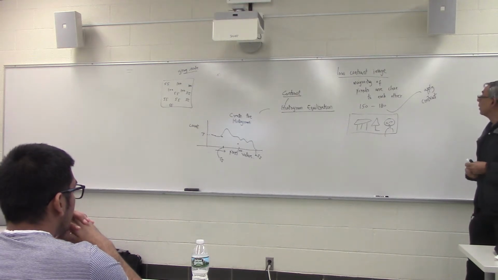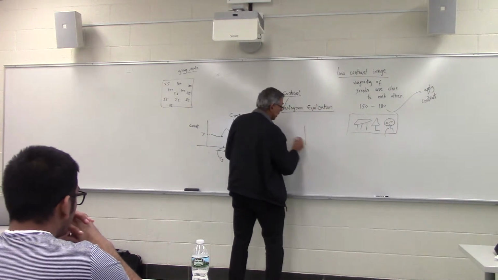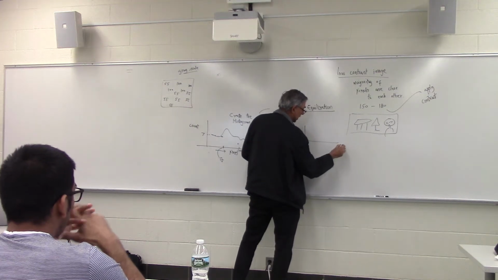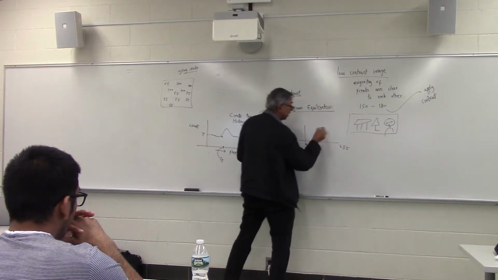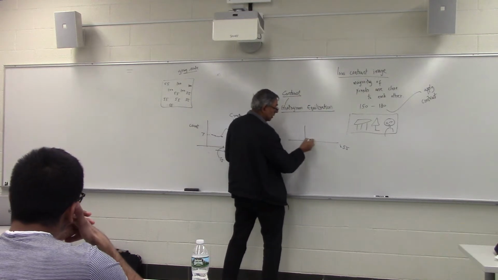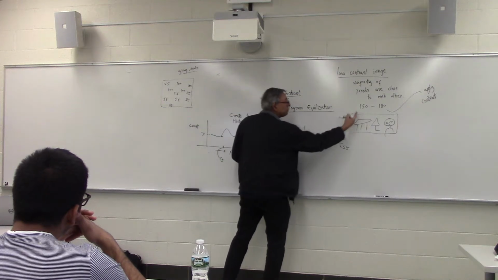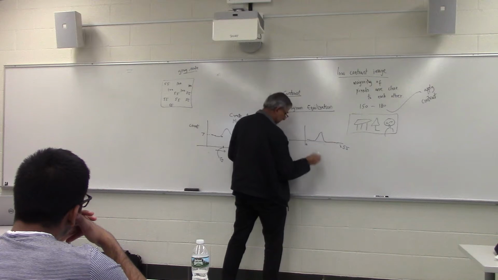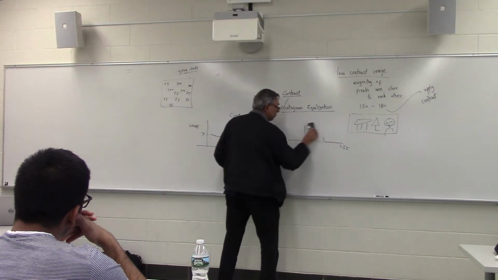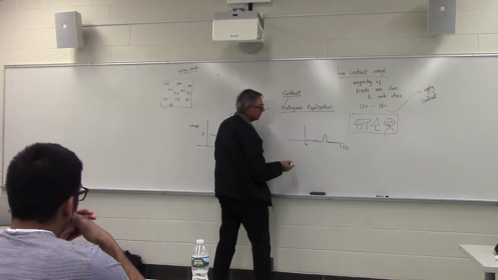So that won't help. So the proper way to do it: if we take a look at the histogram of this, what will it look like? If this is 0 to 255, meaning the value of the pixel, and the majority of the pixels are here, it might look something like this.